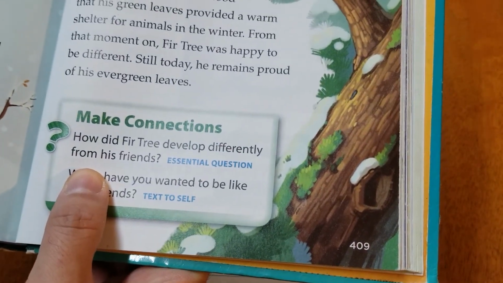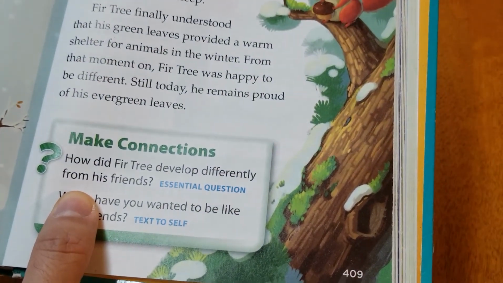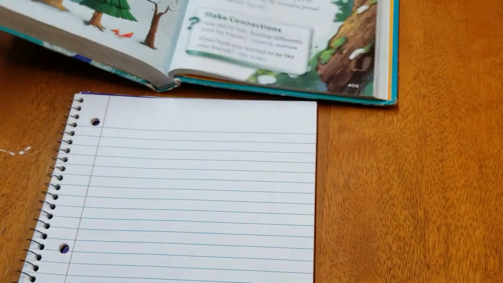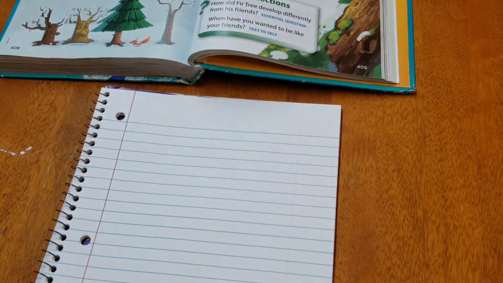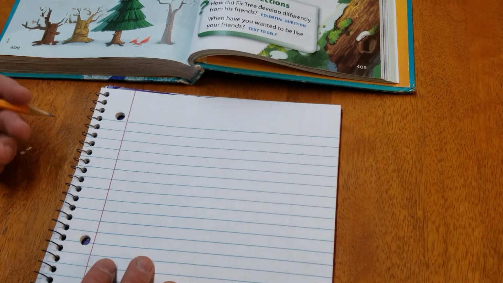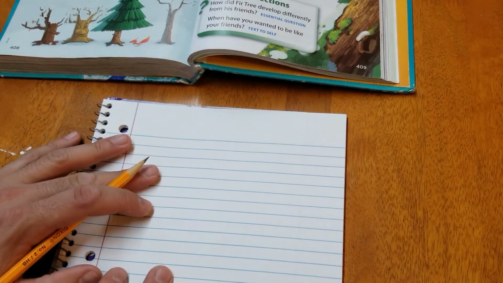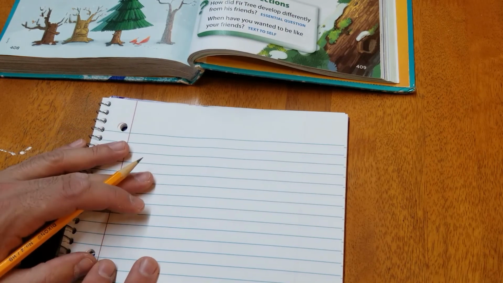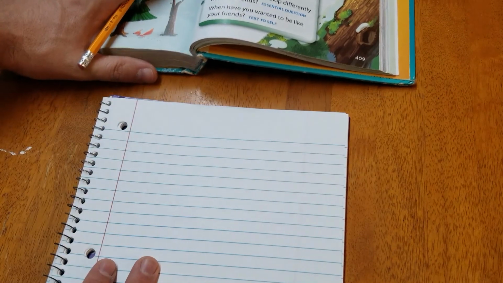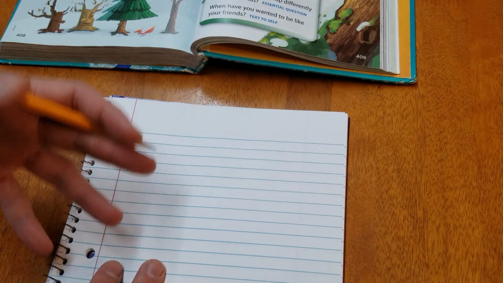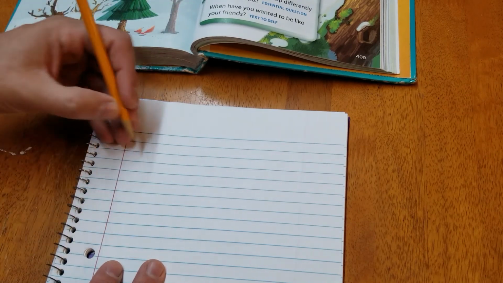How did Fir Tree develop differently from his friends? So, once again, we're going to start our answer with a topic sentence. We want to make sure that whoever is reading this paper knows what we're talking about, even if they don't have this book. So, I'm going to start by kind of rephrasing the question.